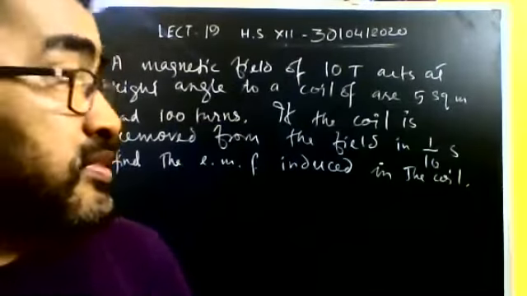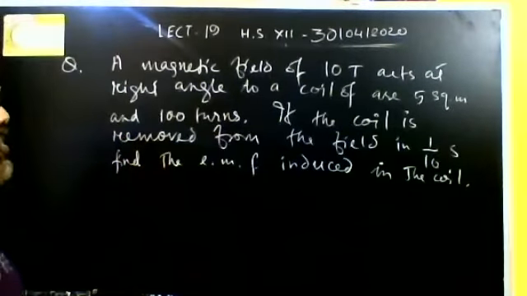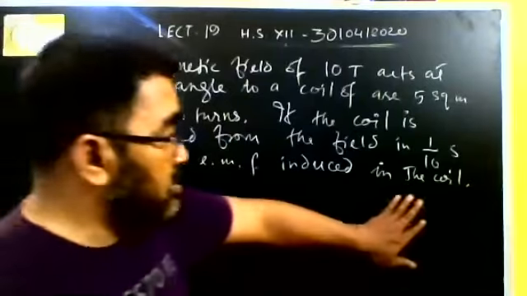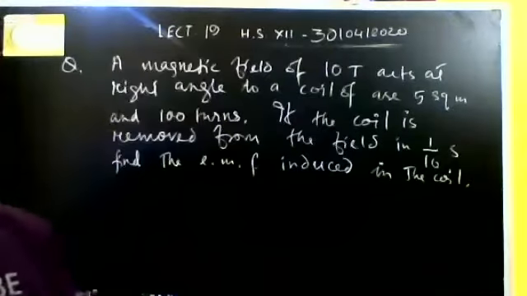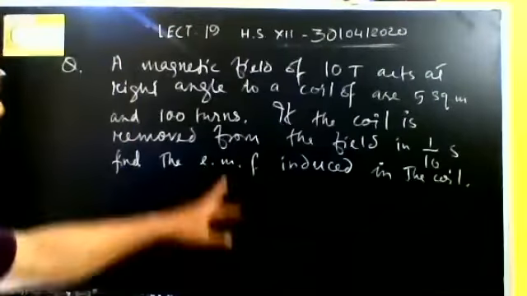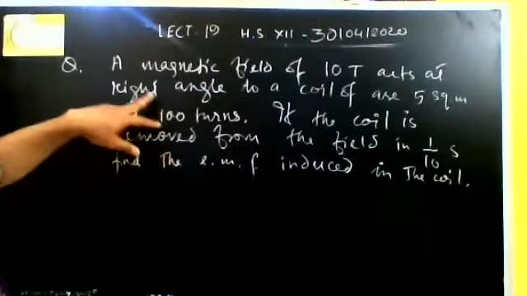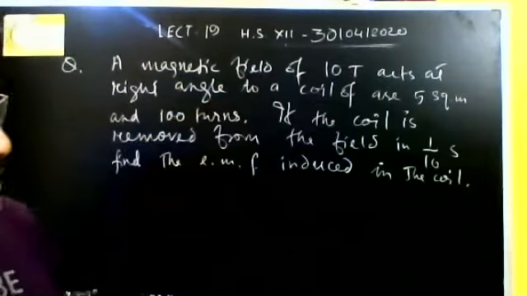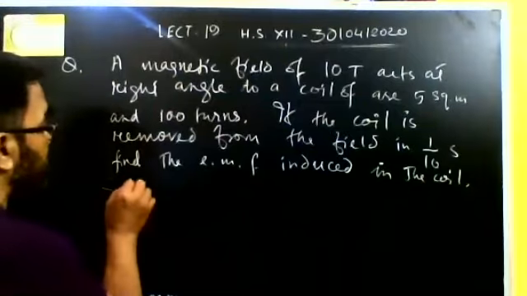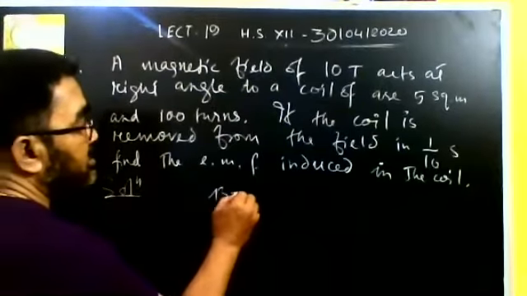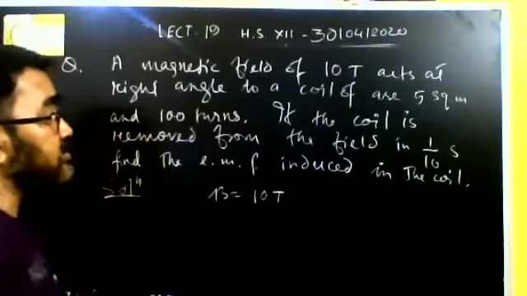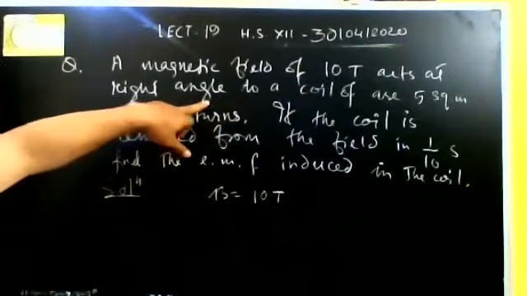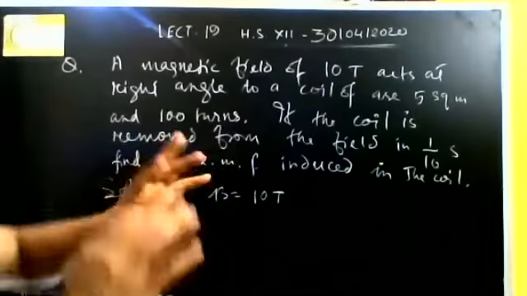So this is a problem of Faraday's laws, which immediately follow Faraday's laws. The problem is that a magnetic field of 10 Tesla acts at right angle to a coil.